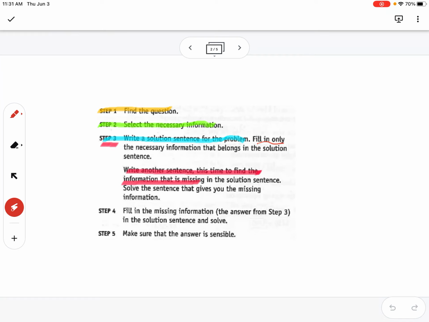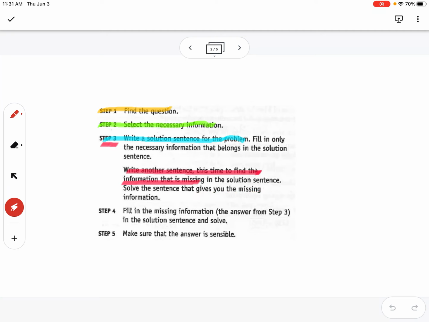It says fill in only the necessary information that belongs in the solution sentence. So first step is to write a solution sentence. Second step is to write another sentence, this time finding the information that is missing in the solution sentence, and then solving that sentence gives us the missing information.